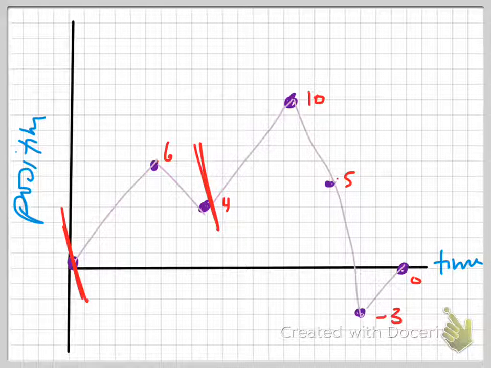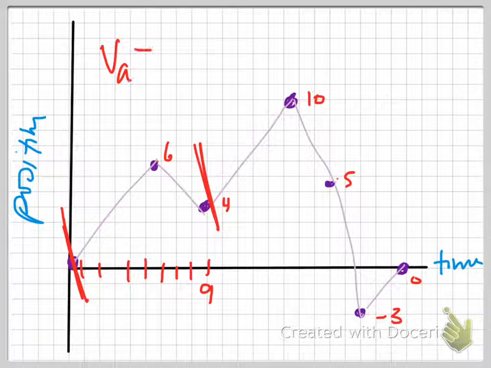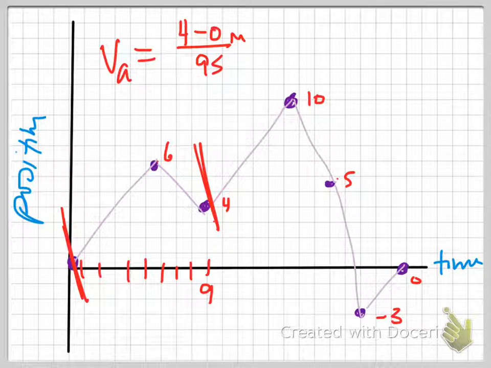Okay, we can look at that segment from position equals 0 to position equals 4. 1, 2, 3, 4, 5, 6, 7, 8, 9. And we can say that V average for that interval, well, final position is 4 minus 0 divided by 9 seconds. So we would have, roughly, a half meter per second. That's different than if we looked at this interval. The fact that you had to backtrack lowers your overall average velocity.